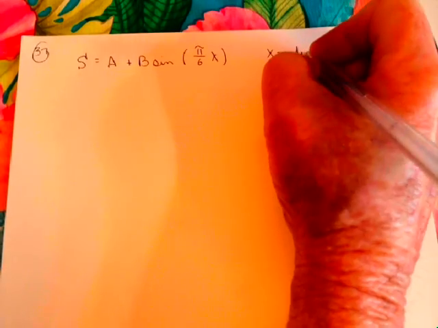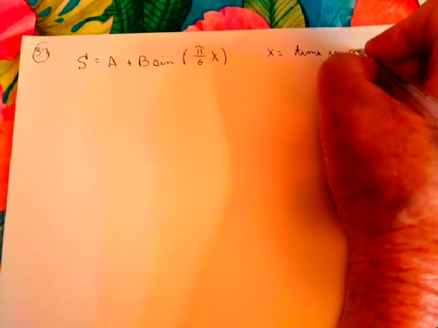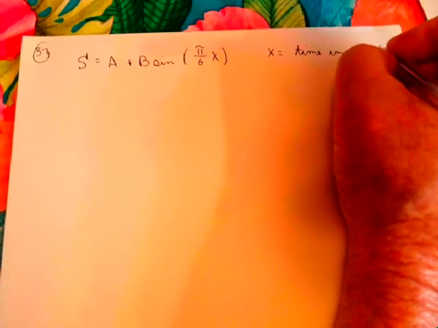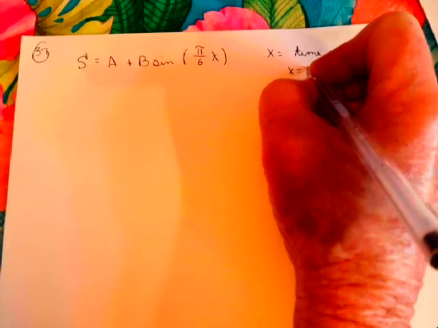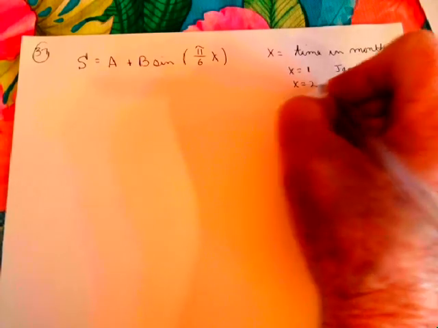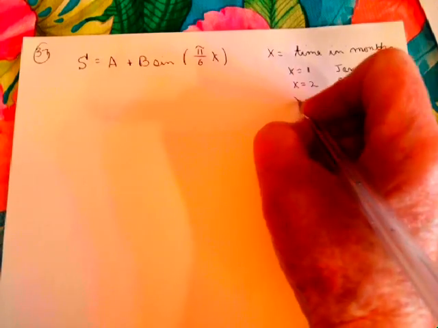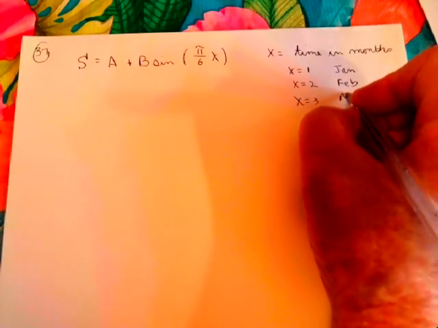S equals A plus B sine of pi over 6 x, where x equals time in months, x equals 1 is January, x equals 2 is February, x equals 3 is March, and so on.